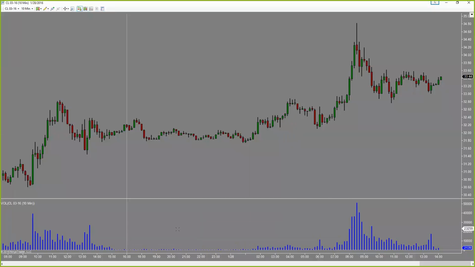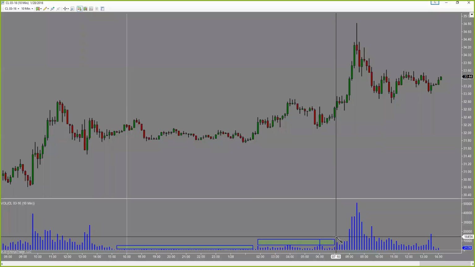Okay, so we have this seasonality. We have typically very low volume in the overnight, a little bit higher until we get to usually about 7 o'clock, and then from 7 to 8 pre-market the volume starts picking up. Then we have very high volume at the open.